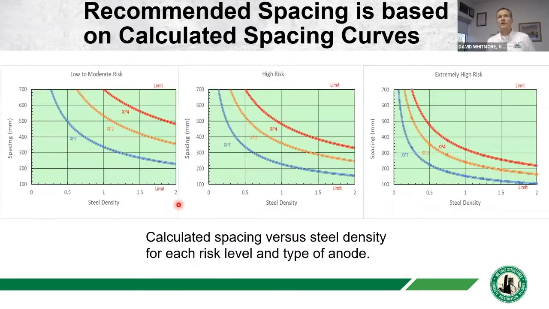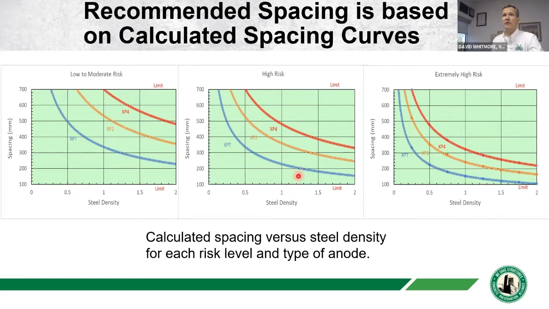If you're doing a really large job, then maybe this is useful to say, well, instead of going 200 millimeters on center, I can stretch it and get 220 or 230, whatever this is. But if you look at it, 1.2 is basically here. And so the spacing in the charts is based on the maximum steel density for that range.